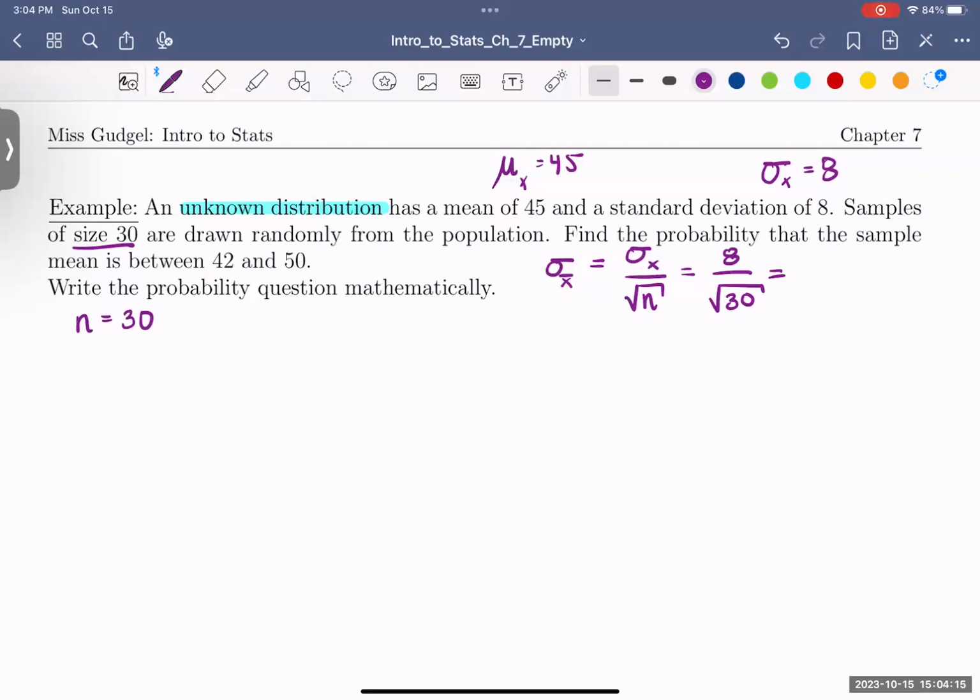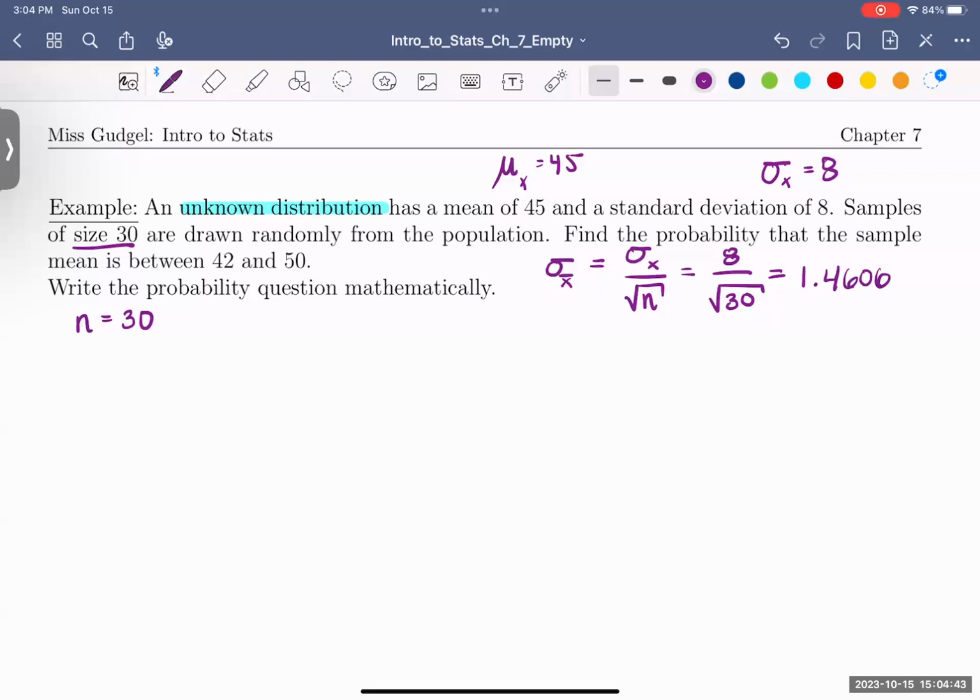All right, let me pull out my calculator and type this in to get a decimal approximation here. I type this in and we've got 1.4606, and that's rounding.